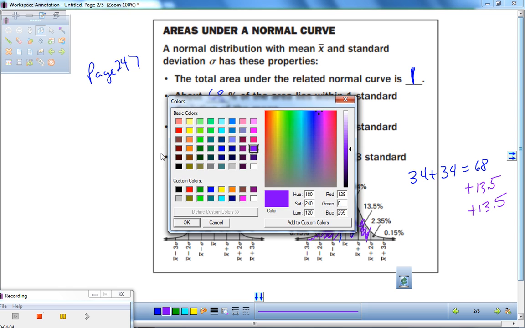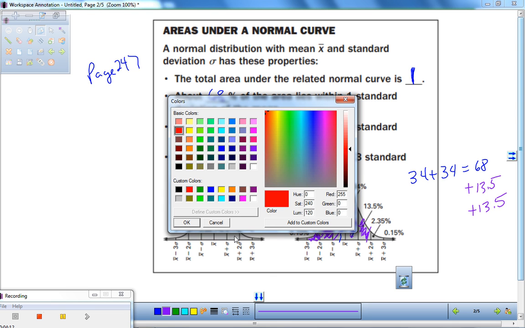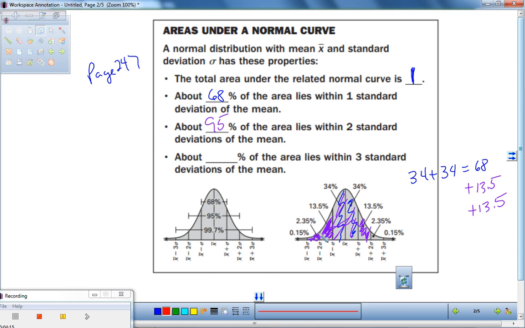And then finally, within 3 standard deviations, it would include everything from here up. Let me change colors so we can see that a little bit better. So we're including this and everything else up to here. We're just not including the little tails.